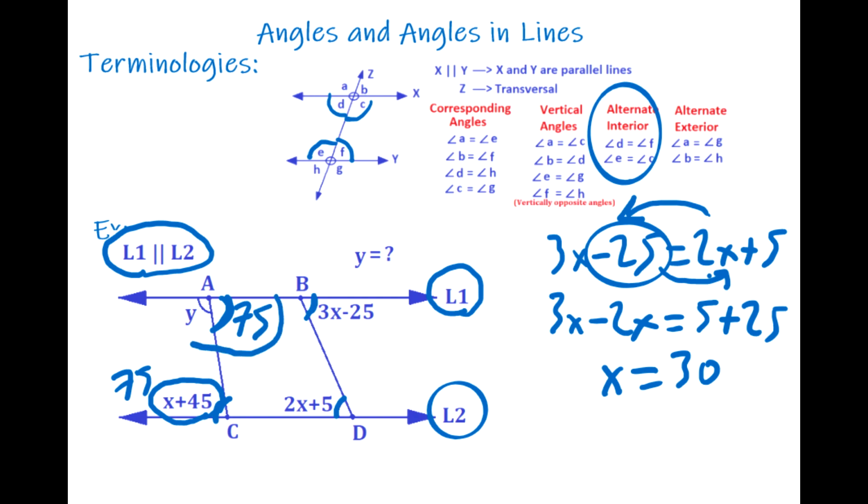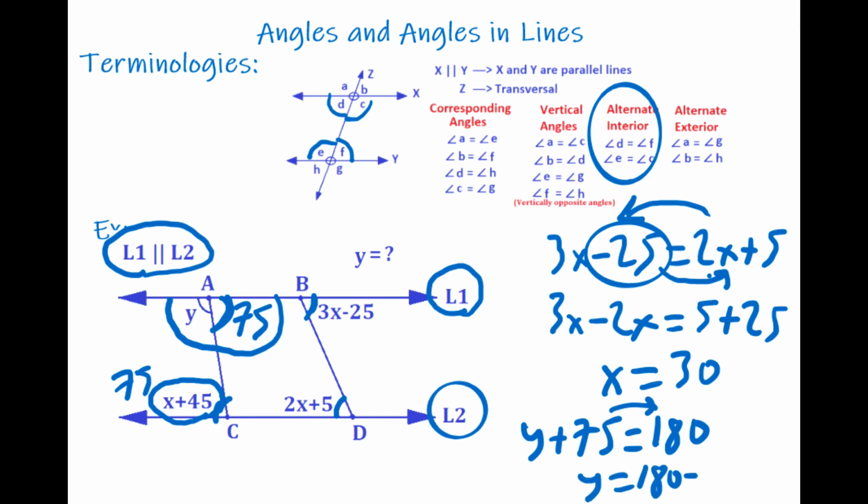And 75 plus y has to be equal to 180. Why? Because they are supplementary angles. So y plus 75 is equal to 180. If you send this 75 to the right, it's going to be negative 75. So y is going to be 180 minus 75, and then y is 105, guys.